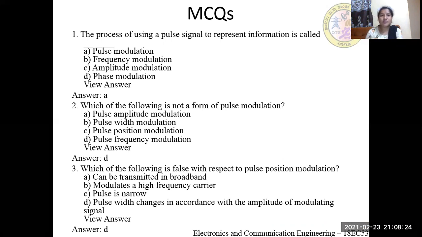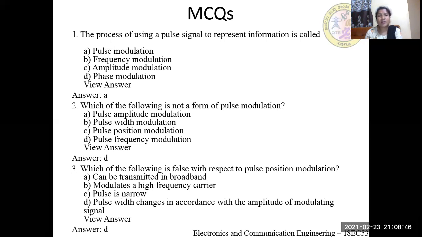Now we will see some of the MCQs related to PPM. The first question: the process of using a pulse signal to represent information is called dash. A. Pulse modulation. B. Frequency modulation. C. Amplitude modulation.